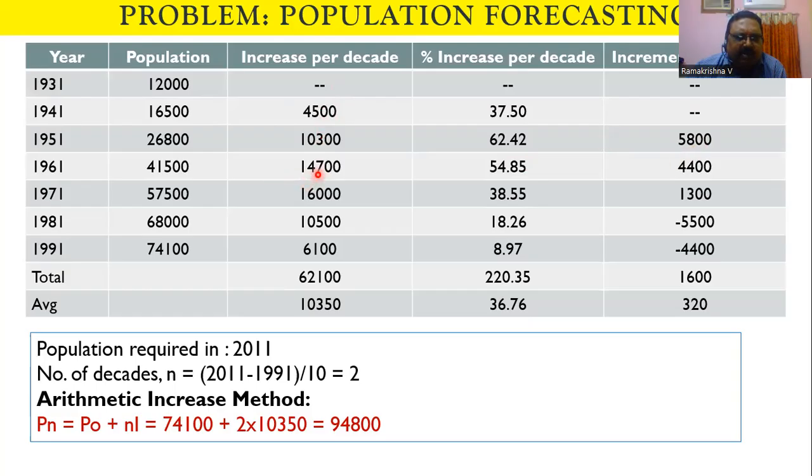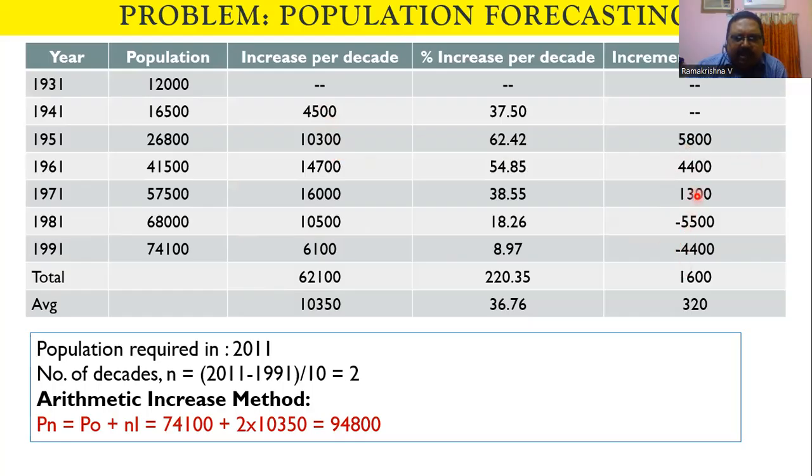Similarly, 14,700 to 16,000, it's a positive increase. That value we are writing here. 16,000 to 10,500, this is not an increase. This is a decrement. How much is the decrement here? 5,500 is a decrement, a negative value. So all positive and negative increments in the decades we are writing here in the last column.